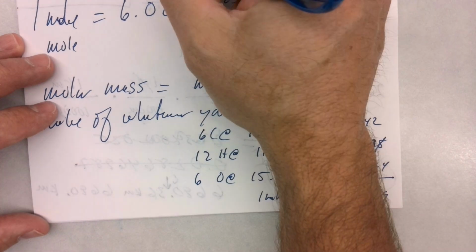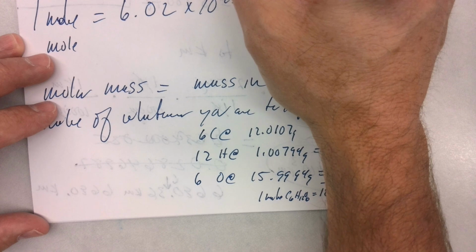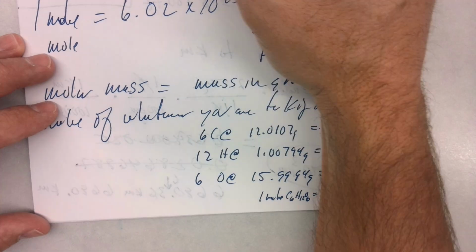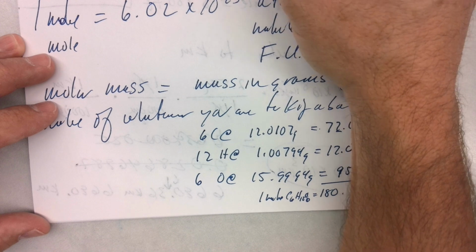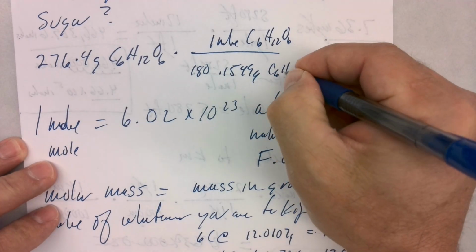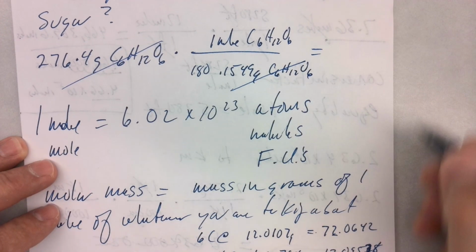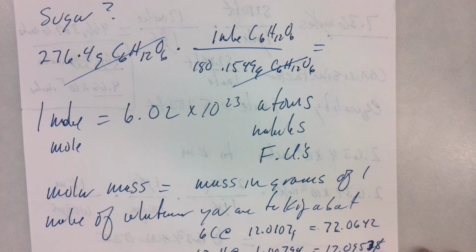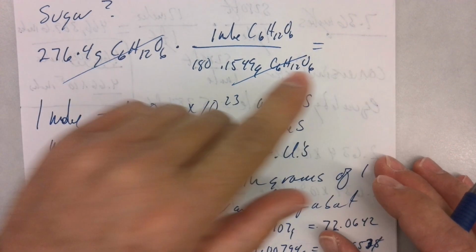So that's my 180.1549 grams in my denominator and mole in the numerator. My grams are going to reduce out, right? I'm going to be left in moles of sugar. I do that math, I take that and I divide it by that. What does my answer have to be?